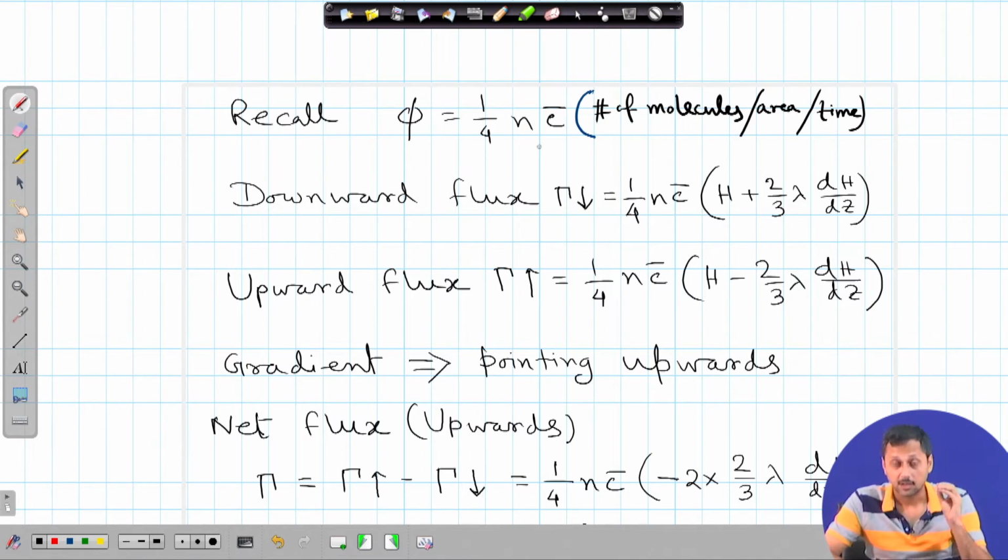We derived this for the number of particles hitting the wall of the container. So, 1/4 n c bar is the flux of molecules hitting the wall of the container in a gas assembly.